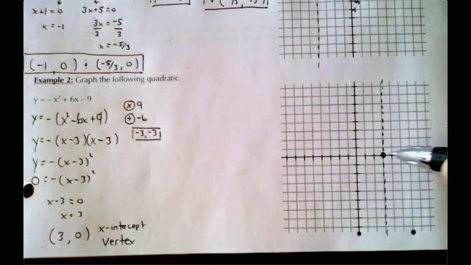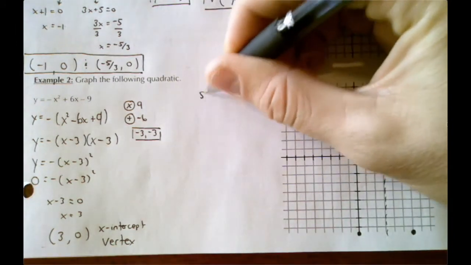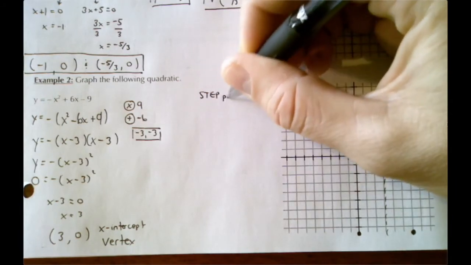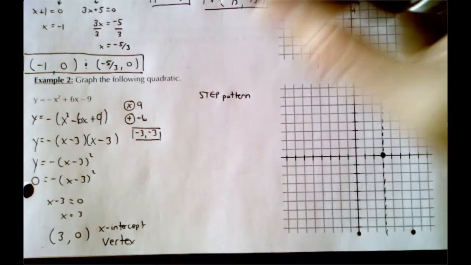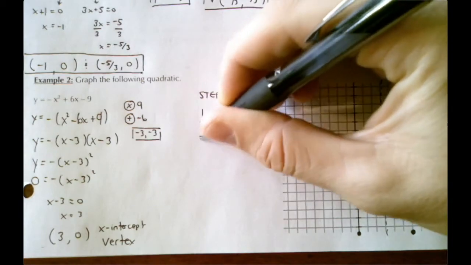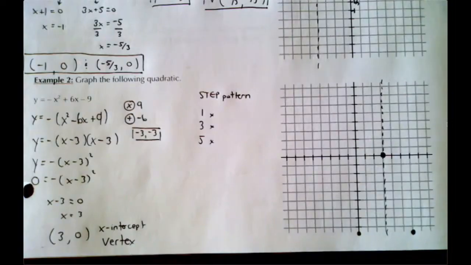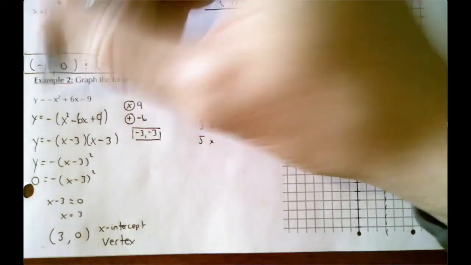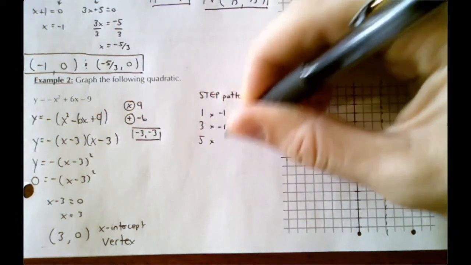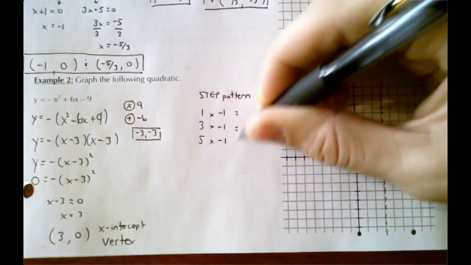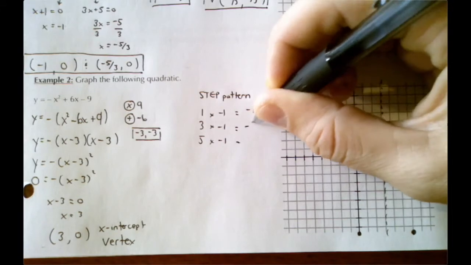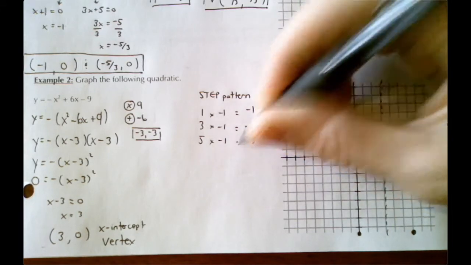If you want to graph a little bit more precisely, we could do that because we know the step pattern. Step pattern is usually 1, 3, 5, but we have to multiply by the a value, which is -1. So our steps are -1, -3, and -5.